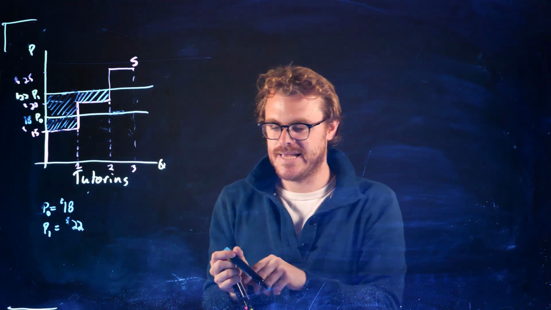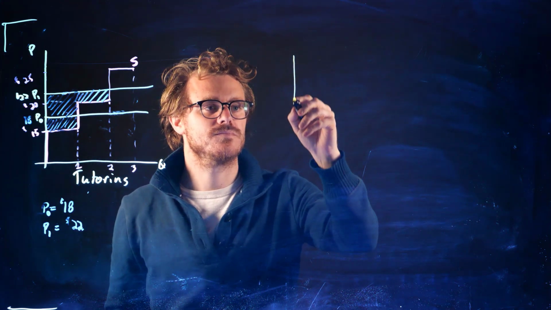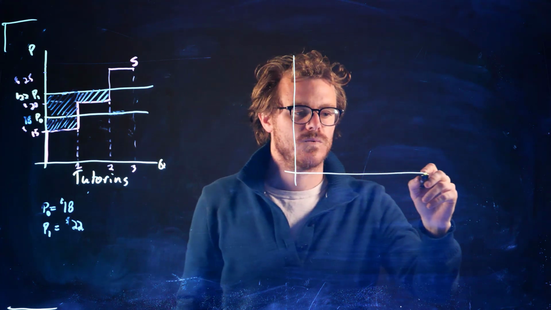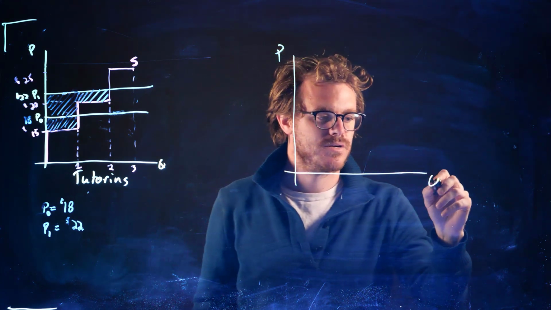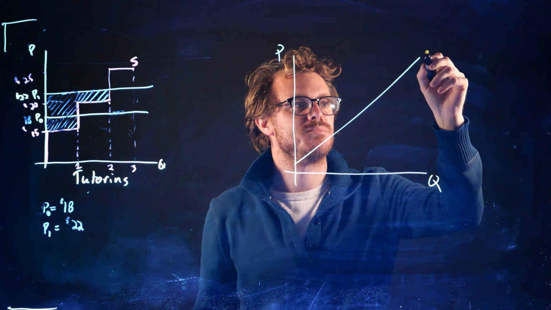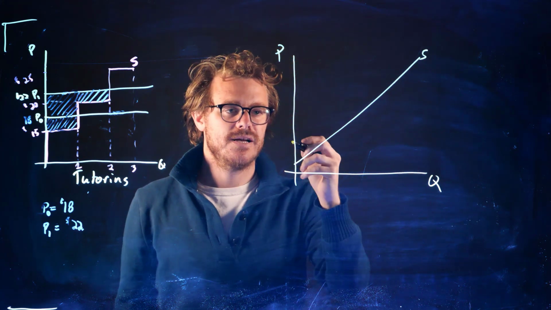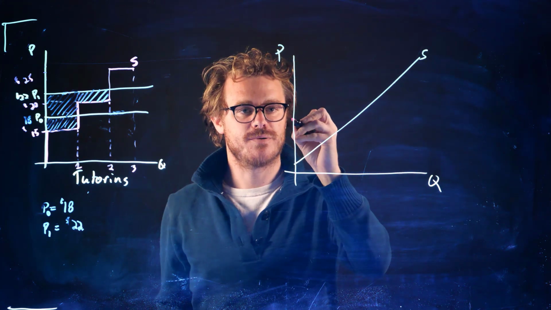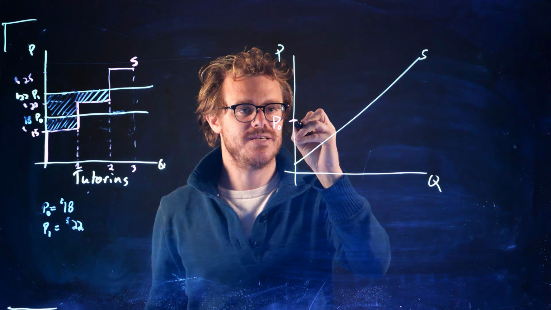So again, now let's look at our regular looking supply curve. So here's our supply curve. And we can think again about different prices. So let's say this is P0.